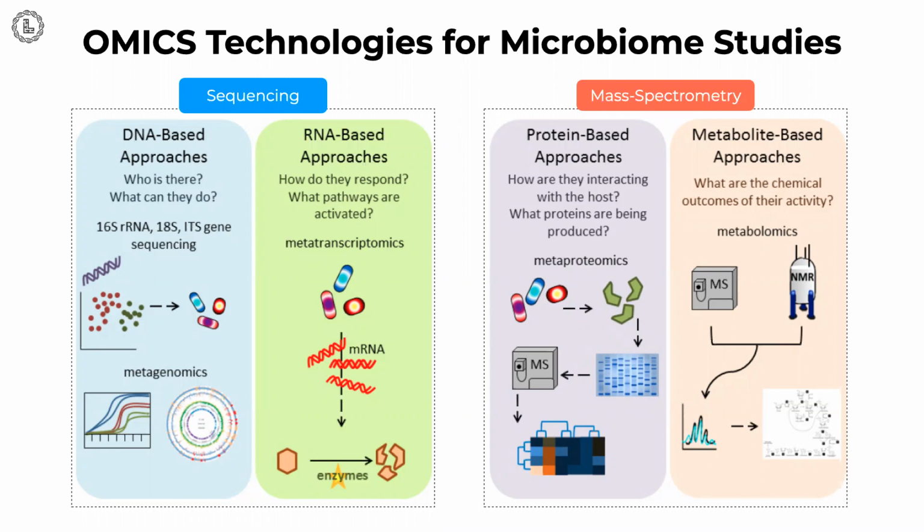It can also be studied using mass spectrometry. Mass spectrometry is a technology that allows us to capture portions or whole proteins and metabolites, allowing us to understand what the specific products of gene expression and signaling are between these microorganisms.